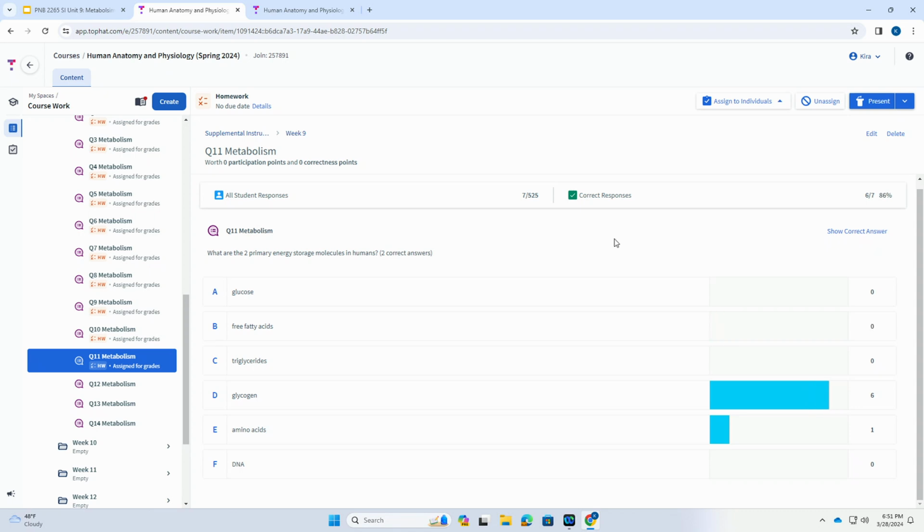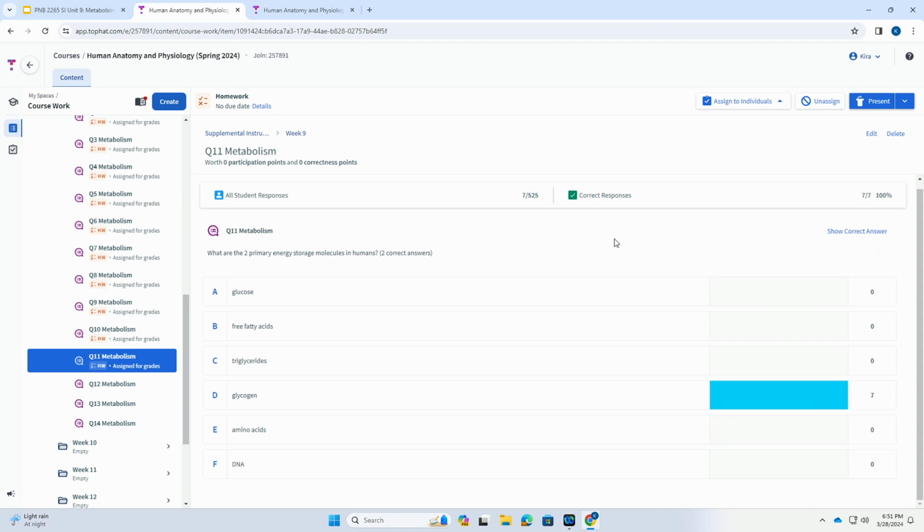This was a good question. Okay, so you guys are pretty sure it's glycogen, which is a storage form of glucose. Does anyone know what the other one is? Okay. Yeah. So the second one is triglycerides.